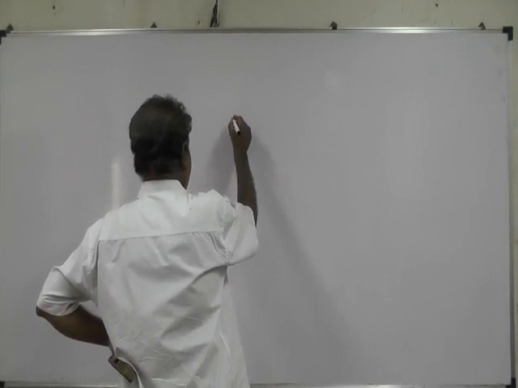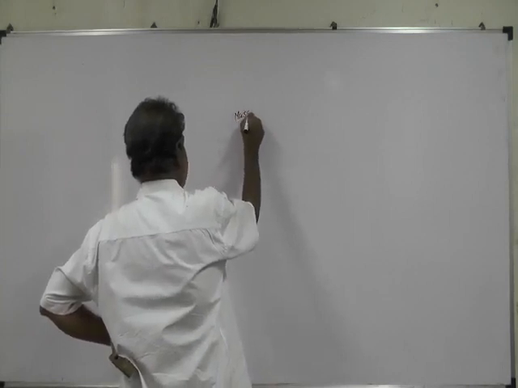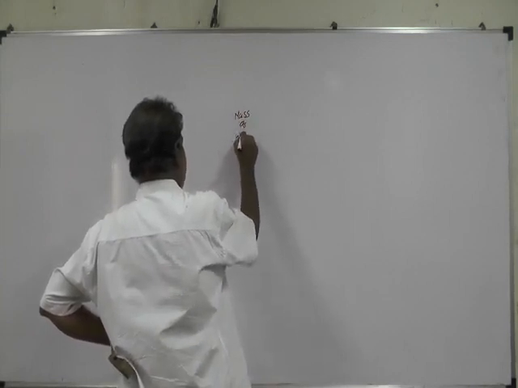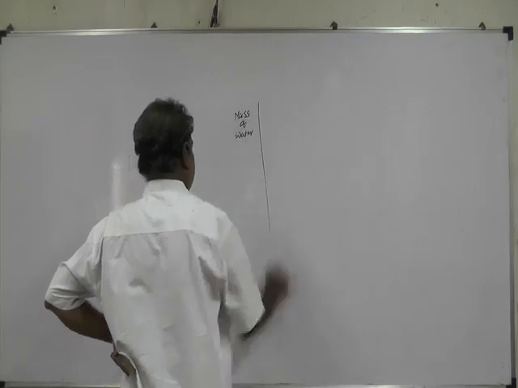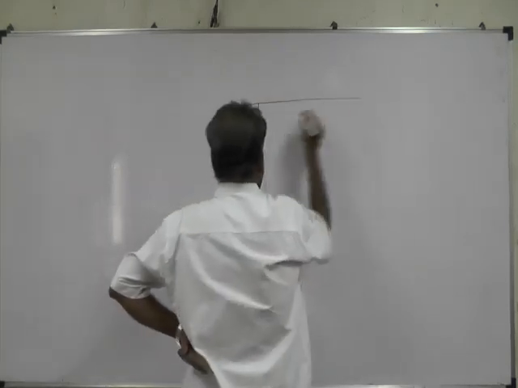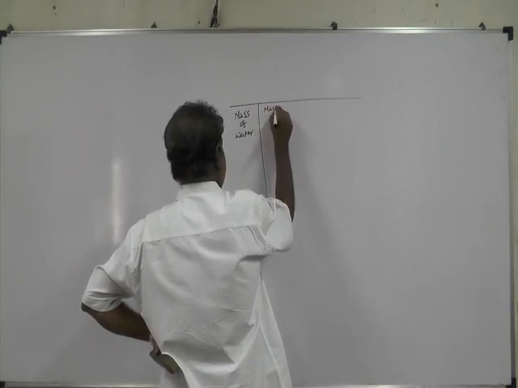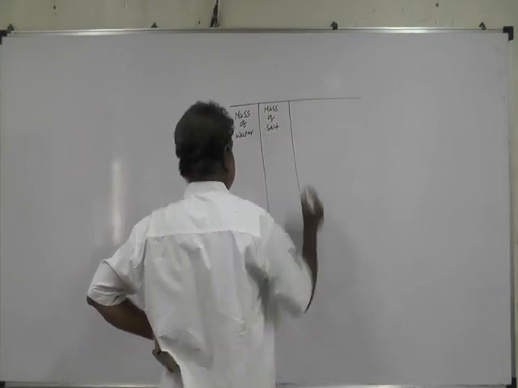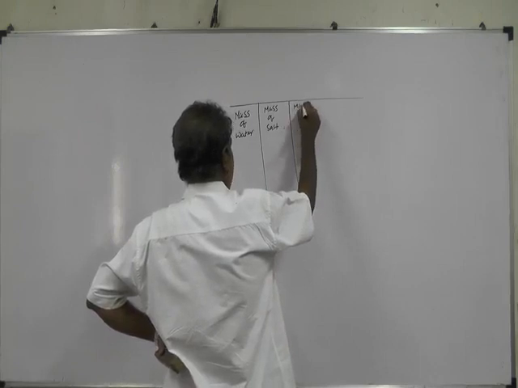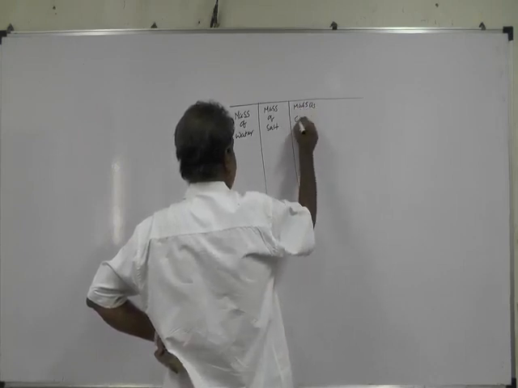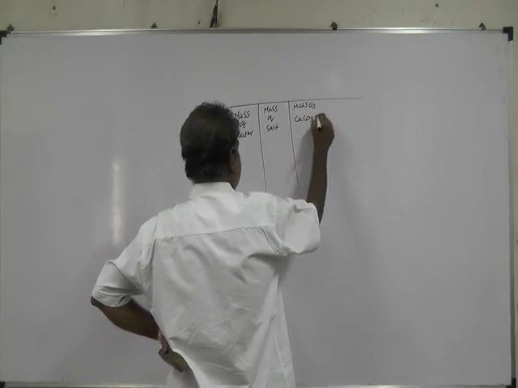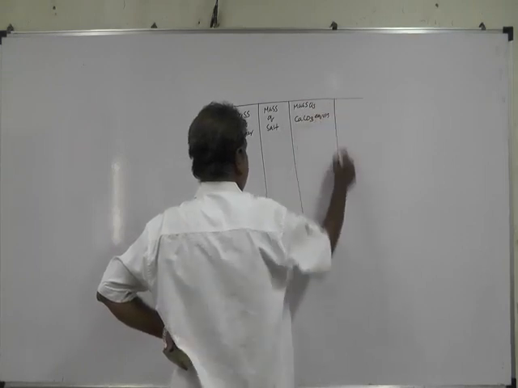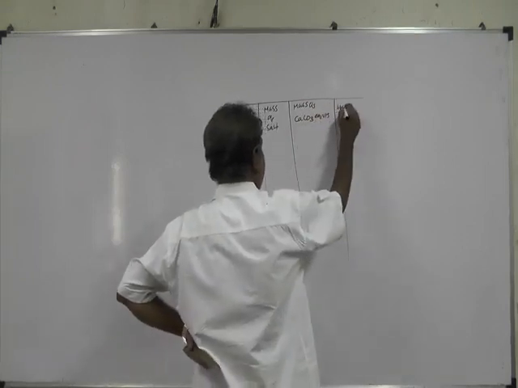Once again, tabular form. Mass of water, units vary. Mass of salt, mass of calcium carbonate equivalents, and hardness in ppm.